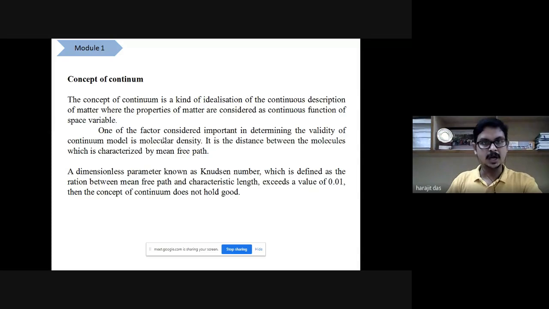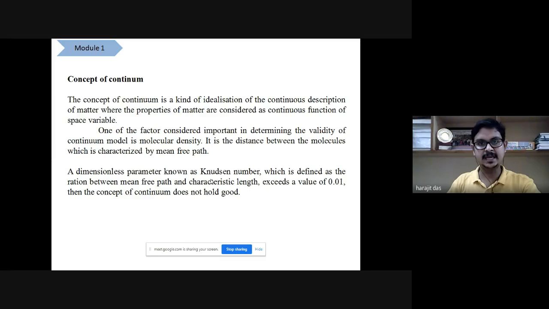Actually, there is one number which is known as the Knudsen number. It is the ratio of the mean free path lambda to capital L, the characteristic length. The characteristic length of any object is found by dividing the volume by area.